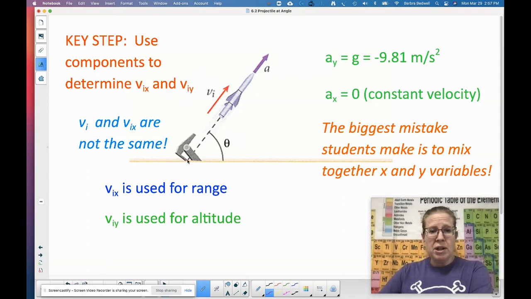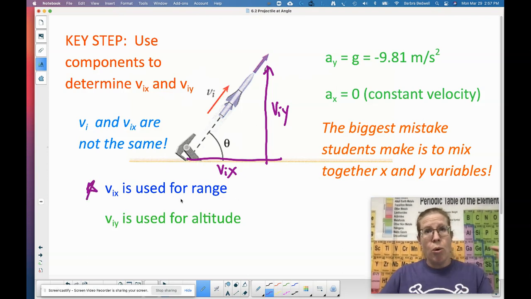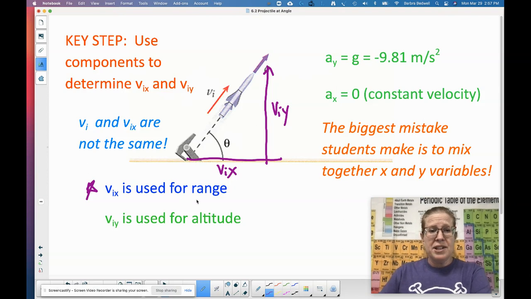If we've got our launch angle right there, we have 2 different components: this would be VIY, and this would be VIX. In terms of using your launch angle, we would say something about sine and cosine. VIX tells us about the horizontal motion, which tells us about range, how far downfield it's going to go. And oftentimes, the way these angles are designed, it's going to be the cosine of this. So we've got SOHCAHTOA, right?